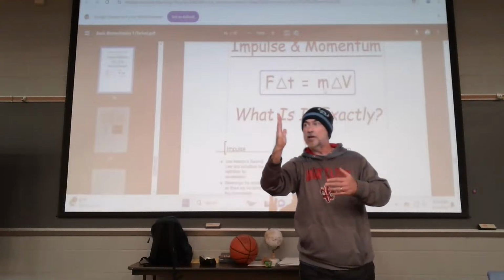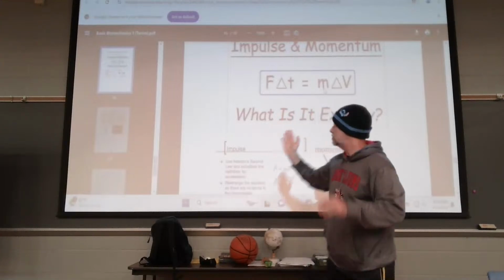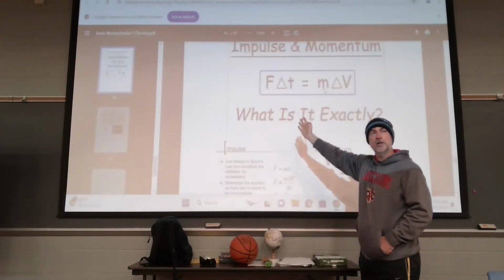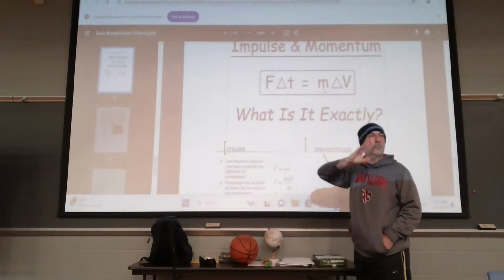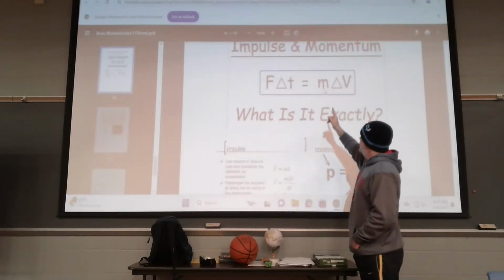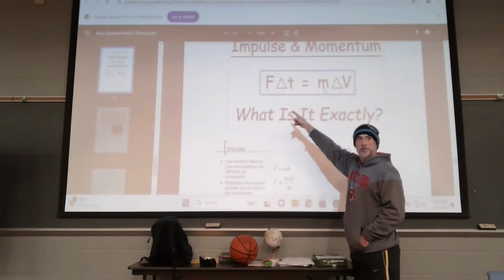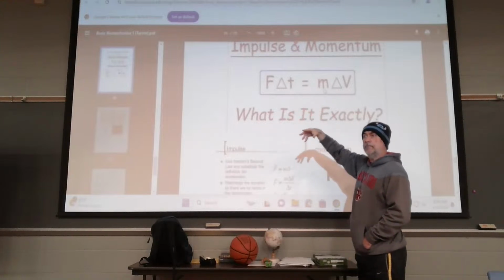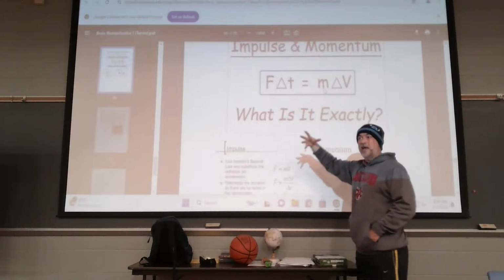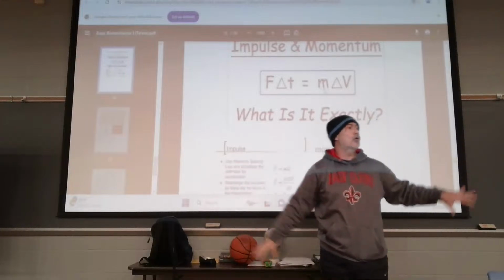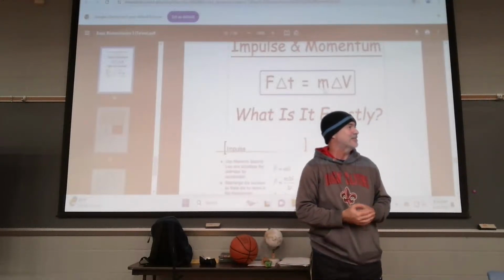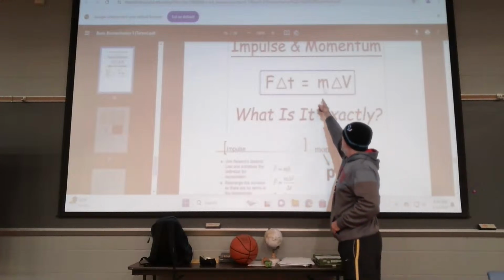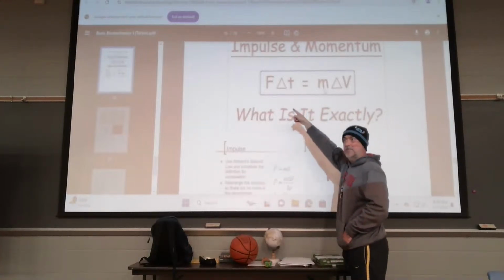As the left side goes up, the right side has to go up. Things on the same side of the equal sign are inversely proportional. Meaning, if I supply a certain amount of force over a certain amount of time, if I lessen the mass of the system, hey, everybody get out of the car, right? Lessen the mass, well, then my velocity is going to change fast. As this goes down, this goes up, given the same net force.